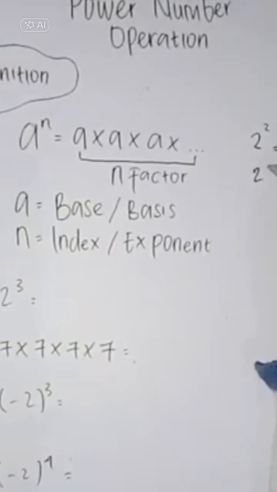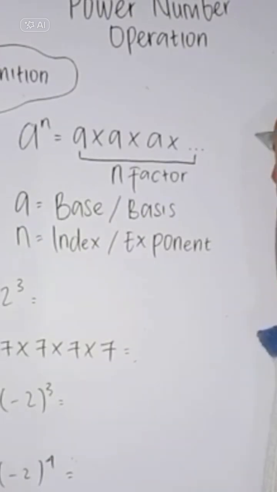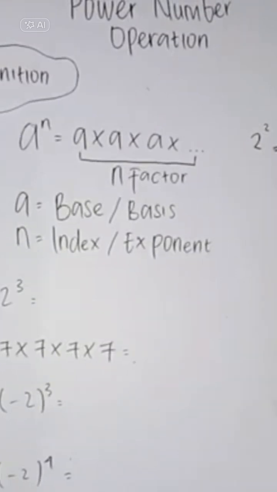If 2 to the power of 2, it means 2 times 2. If 2 to the power of 3, it means 2 times 2 times 2.